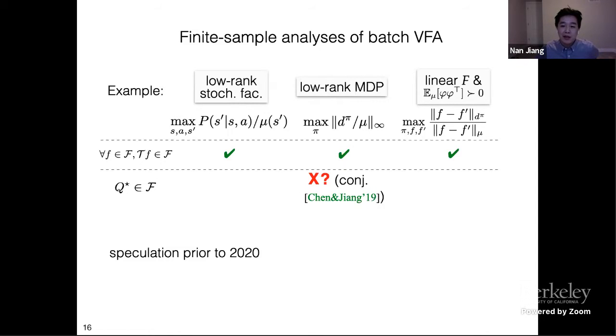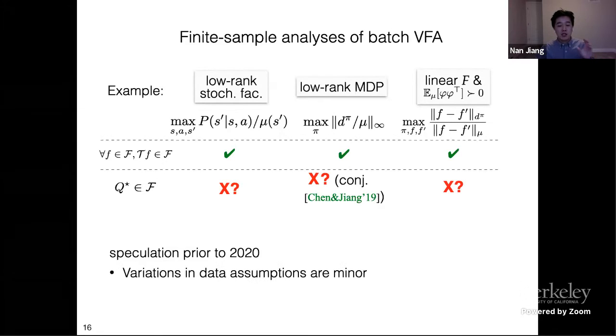Now, the question is really, what if we only have realizability, right? And as I mentioned before, I think most of the community strongly believes that this should be impossible. And we have this conjecture in our ICML paper last year under the standard data assumption.